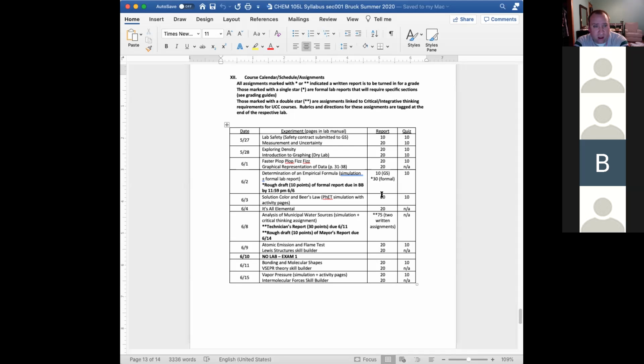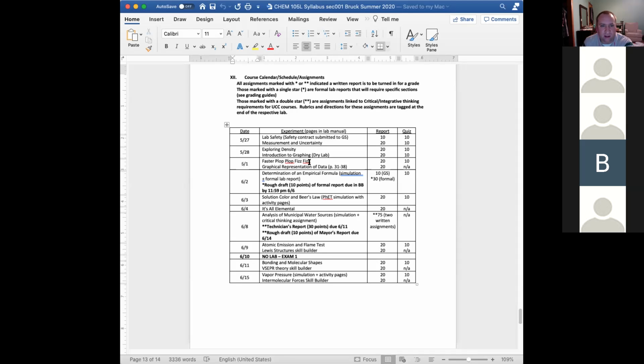And then, hopefully everybody will have their lab kits next week, and you can do the exploring density and the measurement uncertainty labs for next Sunday's submission. Like I said, we'll just kind of play those by ear over time, because actually, if you look at next week, starting on the 1st, Faster Plop Plop Fizz Fizz is a wet lab.